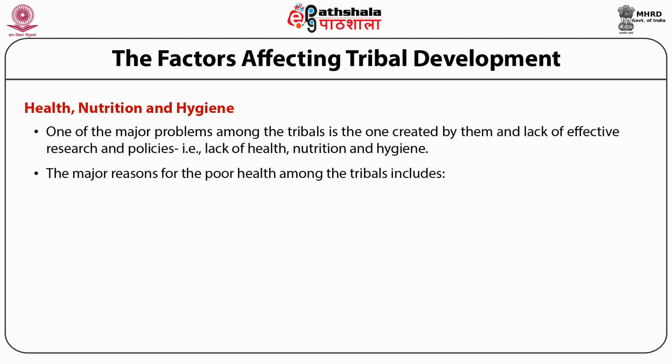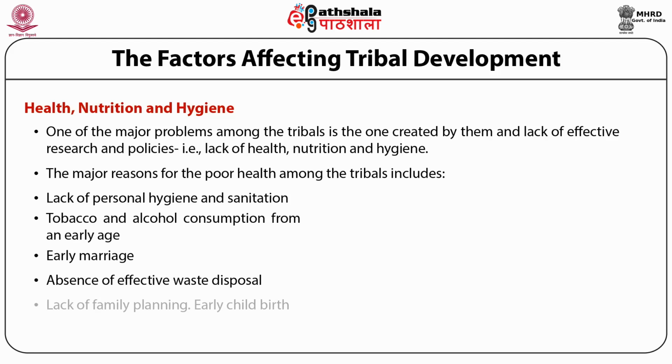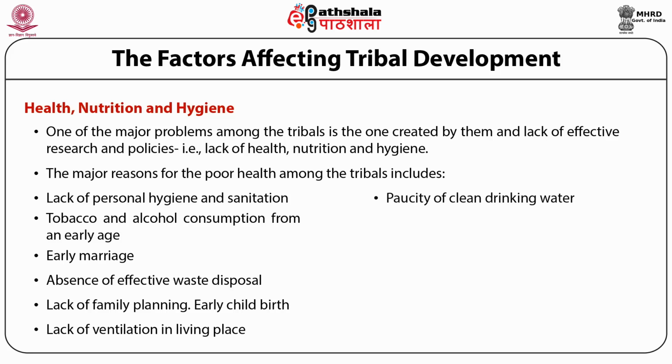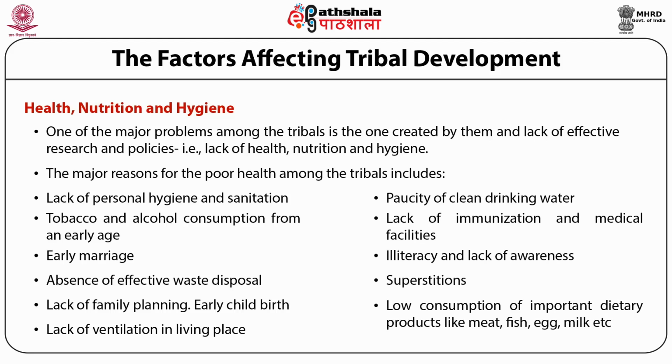The major reasons for poor health among the tribals include lack of personal hygiene and sanitation, tobacco and alcohol consumption from an early age, early marriage, absence of effective waste disposal, lack of family planning, early childbirth, lack of ventilation in living places, paucity of clean drinking water, lack of immunization and medical facilities, illiteracy and lack of awareness, superstitions, and low consumption of important dietary products like meat, fish, egg, milk, etc.